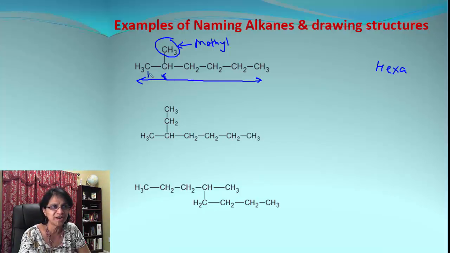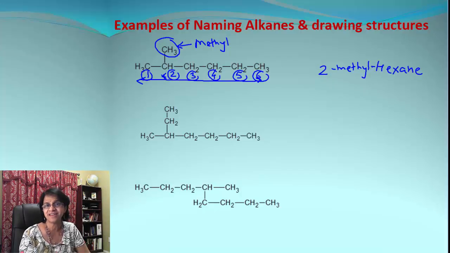So if I begin numbering from this end, I get 1, 2 and so on. So we got the methyl group attached to the second carbon atom. So this is going to be a hexane for sure, and we got at position 2 a methyl group. So it is 2-methylhexane.